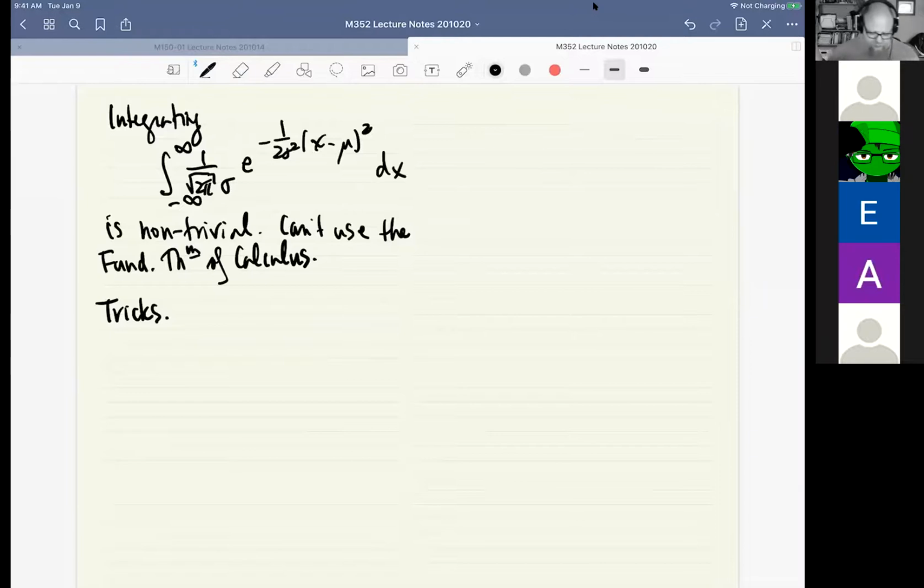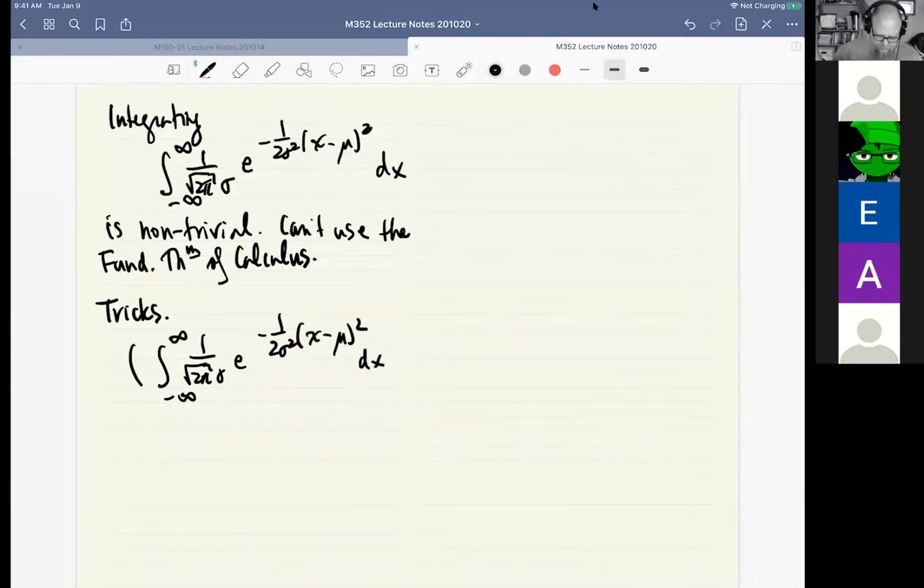The one that I would use says, well, let's take the integral of this thing and square it and show the integral of the square of these things is 1. And then we'd know that the original integral is 1.